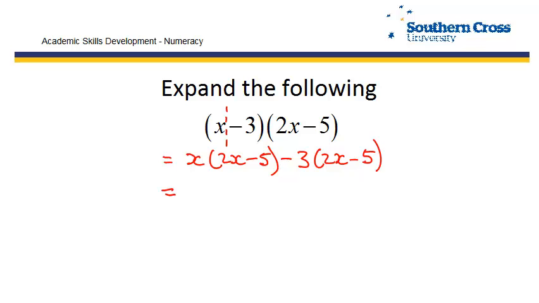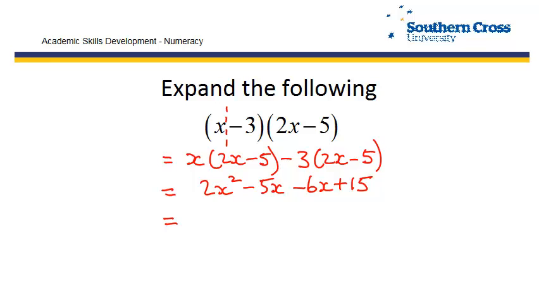So x times 2x is 2x squared. Take away x times 5 is 5x. Take away 3 times 2x, which is 6x. And then -3 times -5 is positive 15.